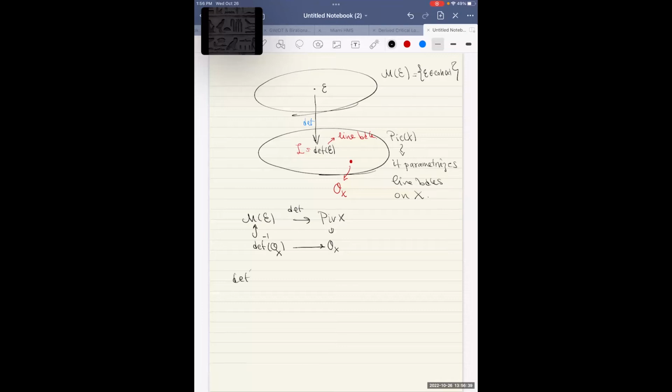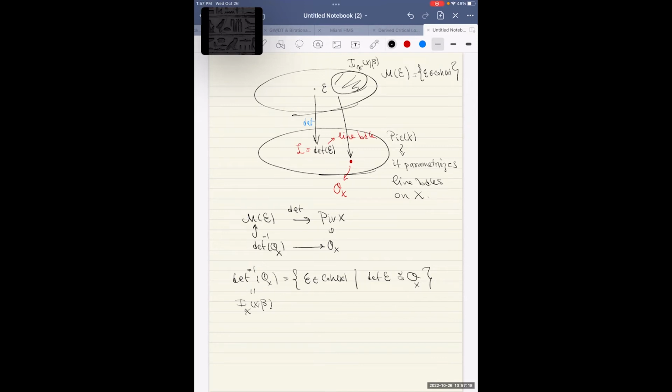In particular, det inverse of O of X parameterizes E in coherent sheaves on X such that the determinant of E is exactly equal to O of X. But that's exactly the moduli space we are interested in. So our moduli space, when I look at the sublocus in here, lies inside here.